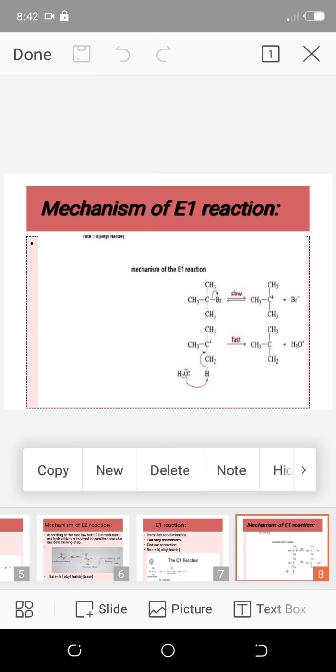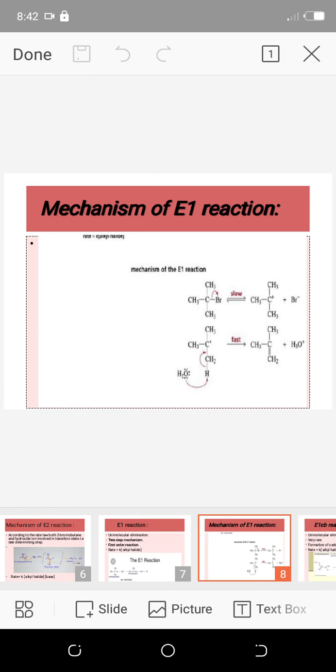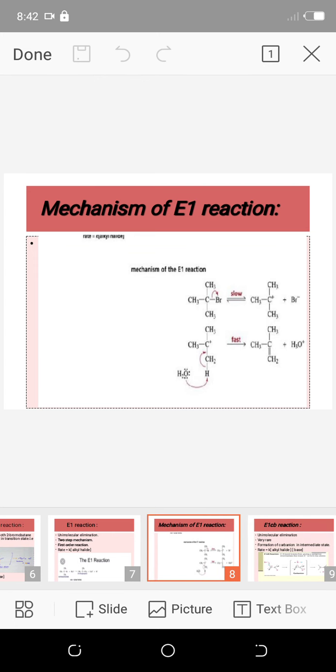Now in the second step, on this carbocation, the base, that is H2O, attacks, and the hydrogen will be removed with this H2O as H3O positive, and there is a formation of a double bond between this positively charged carbon and CH2, and therefore we get the formation of 2-methyl propene in the product.